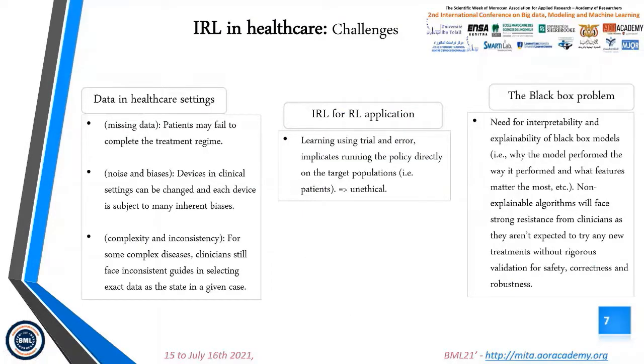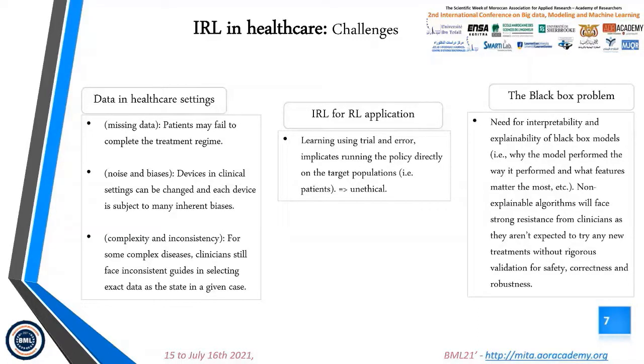This quite limited state of the art of inverse reinforcement learning applications in healthcare can be attributed to many reasons. Among these reasons are the challenges presented in this slide. So the first category of challenges is regarding data in healthcare settings. Patients may fail to complete the treatment regime, yielding some missing data.